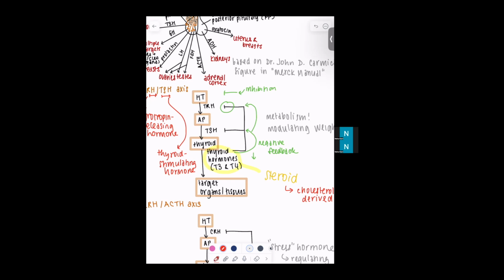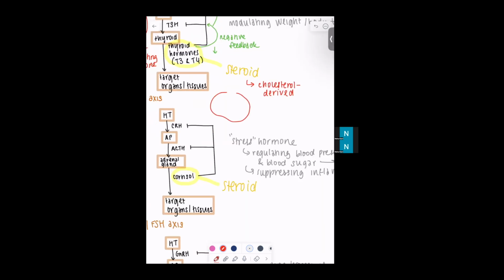And so if we draw a cell here, and we draw the nucleus here, and let's just say this is a thyroid hormone. This can pass through the membrane and pass through the nuclear membrane. The nucleus is actually a double membrane, so for the sake of being accurate, I'll draw it as two circles.